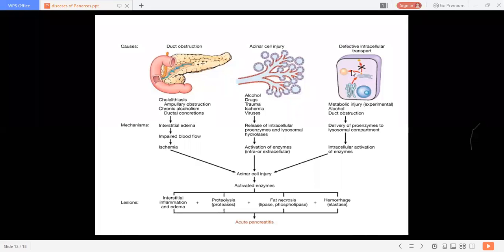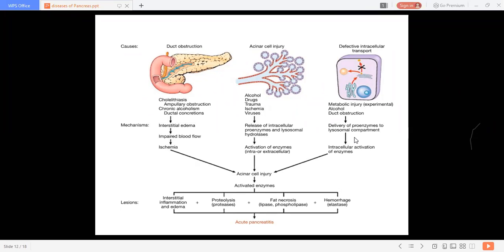See, here the lysosomes, and this delivery of these enzymes towards the lysosomal compartment. So there is intracellular activation of enzymes. It will lead to the lysosome getting released. Understanding, no? Yes.